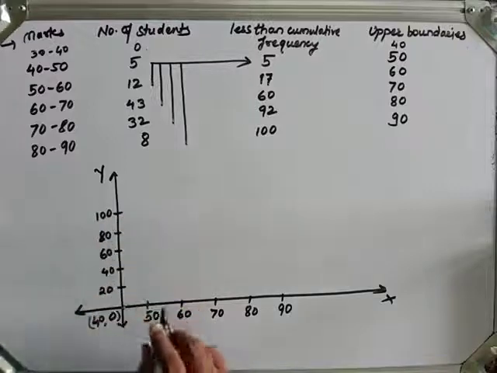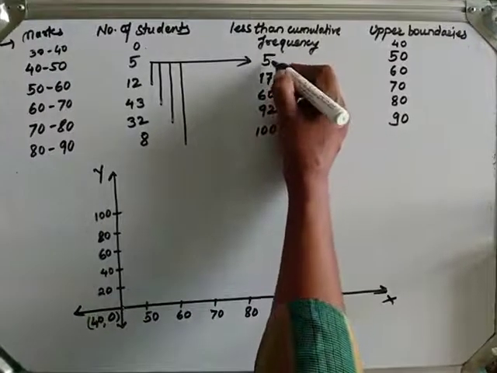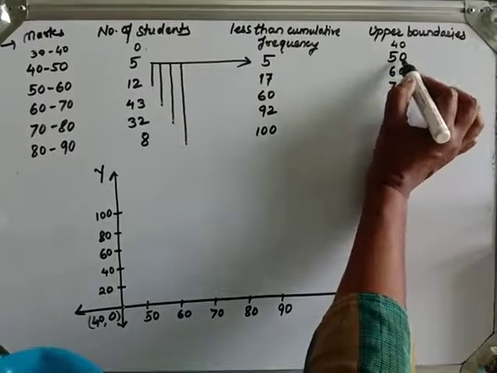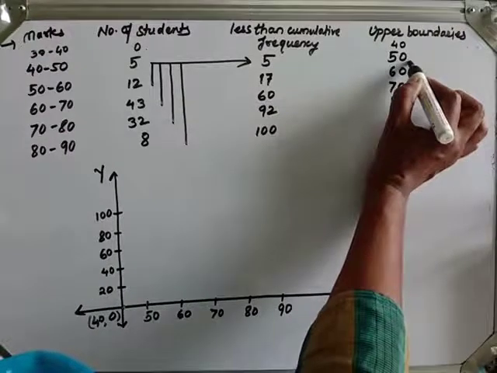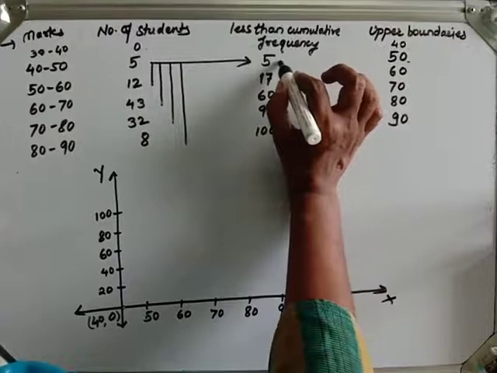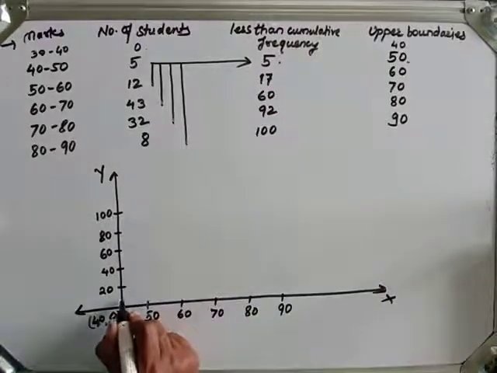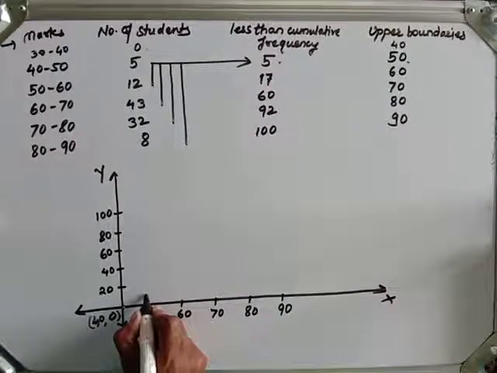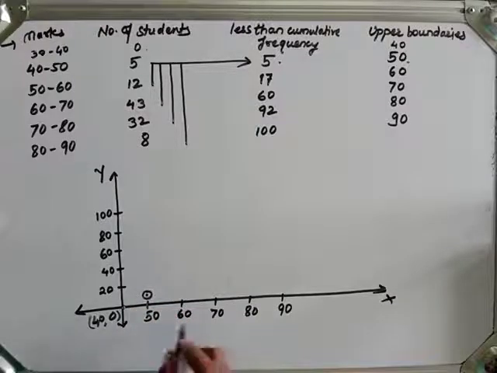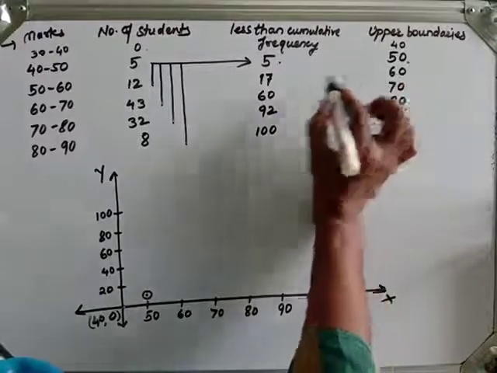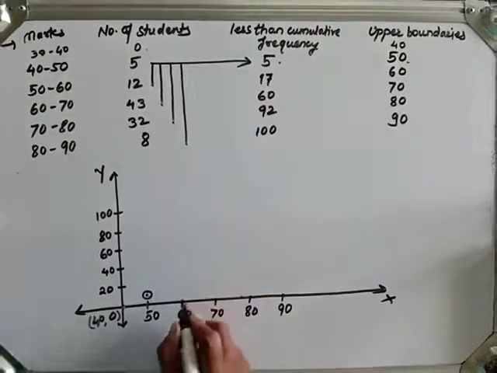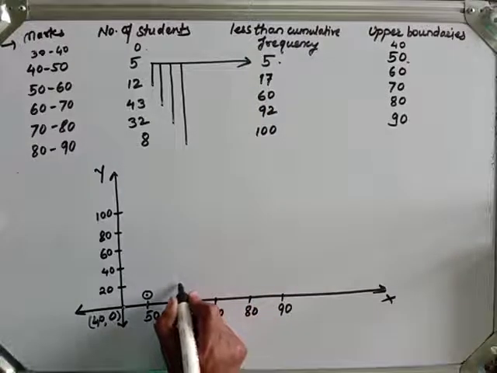You can take it as 10 also if you wish. Our point will be 50 on the x-axis and 5 on the y-axis, somewhere here. This is our first point. Then the next one, 60 and 17, is below 20 somewhere here.